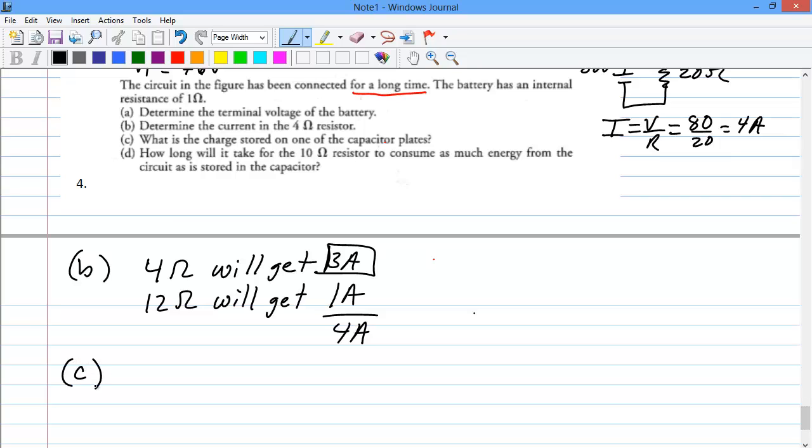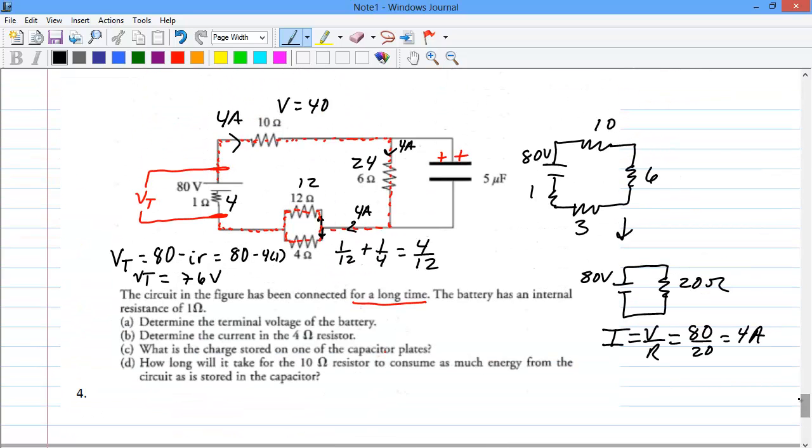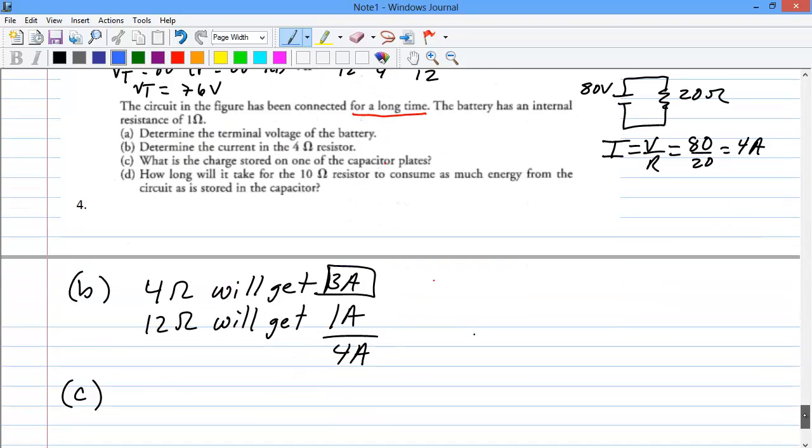Part C, what is the charge stored on one of the capacitor plates? If I look back in the picture, I know what the voltage drop is across the 6 ohm resistor. That means that these two are parallel to each other. So the voltage drop across the 5 microfarad capacitor is also 24 volts.